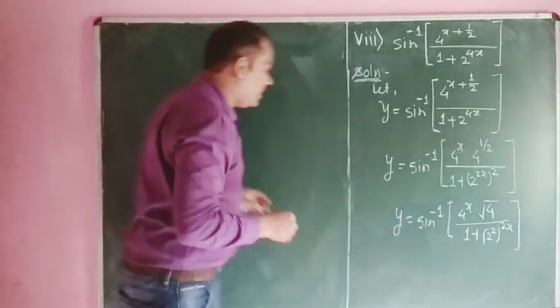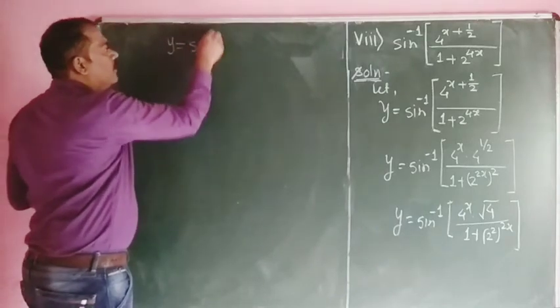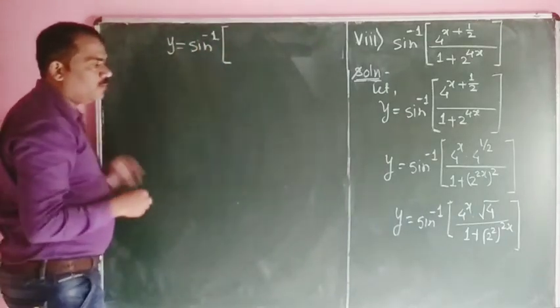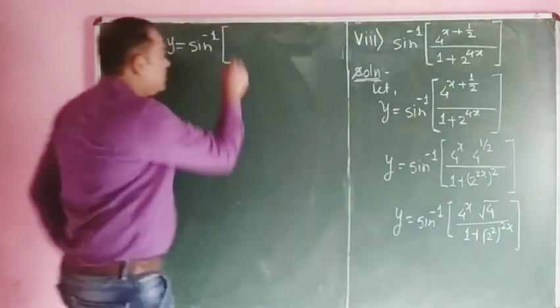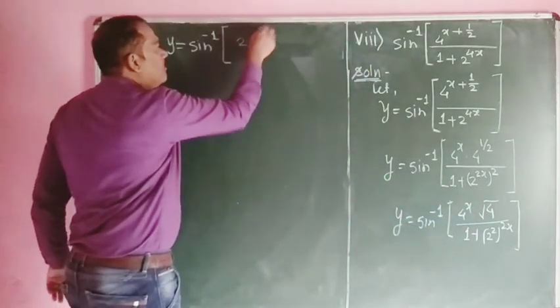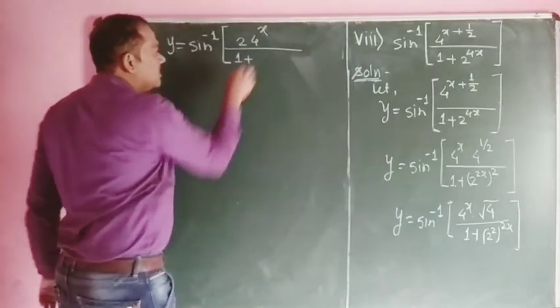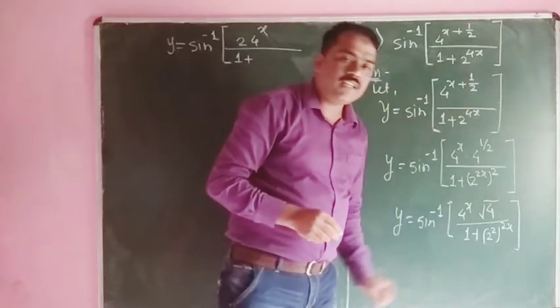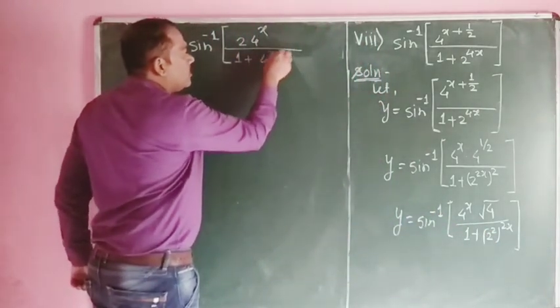So that we have to get y is equal to sin inverse of square root of 4, which is nothing but 2, that can be written as 2 into 4 raised to x divided by 1 plus 2 square, which is nothing but 4, that is 4 raised to 2x.